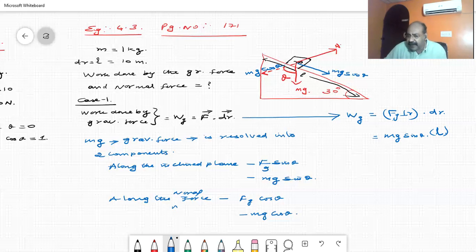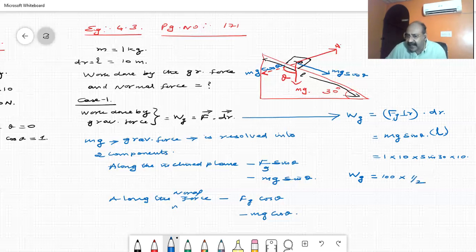So what is m into g? m is 1. What is g? g is 10. What is sin 30? Multiplied with the 10. So work done by the gravitational force is equal to 10 into 10, it is 100, multiplied with sin 30. Sin 30 is 1 by 2.